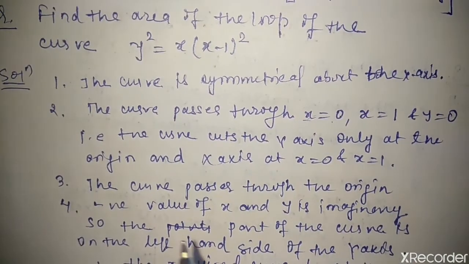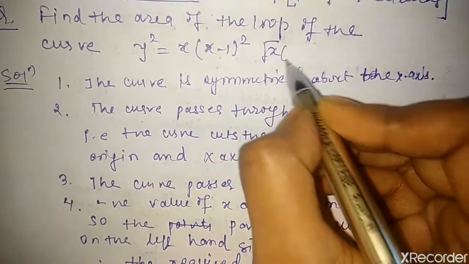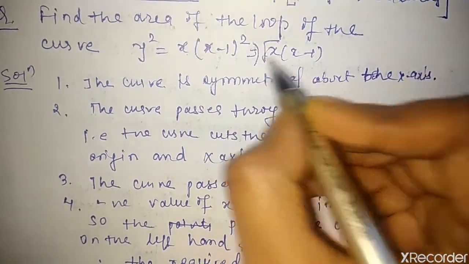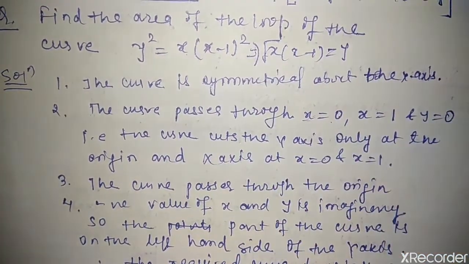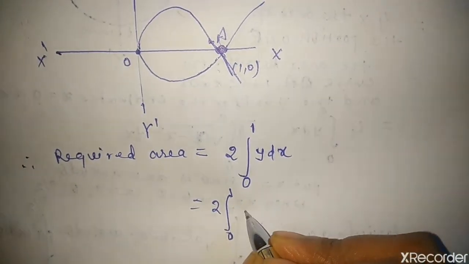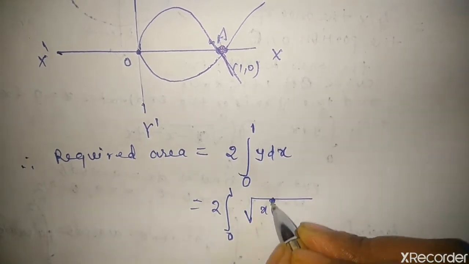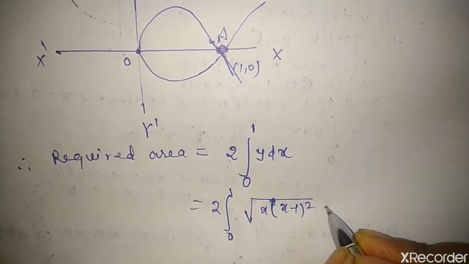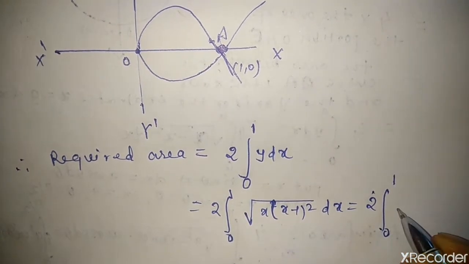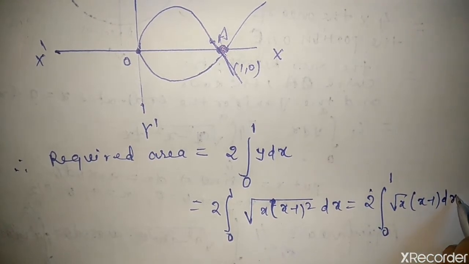In the question, y is root of x into (x minus 1). We put this value of y: 2 times integral from 0 to 1 of root over x square into (x minus 1) whole square dx, which becomes 2 times integral from 0 to 1 of root x into (x minus 1) dx.